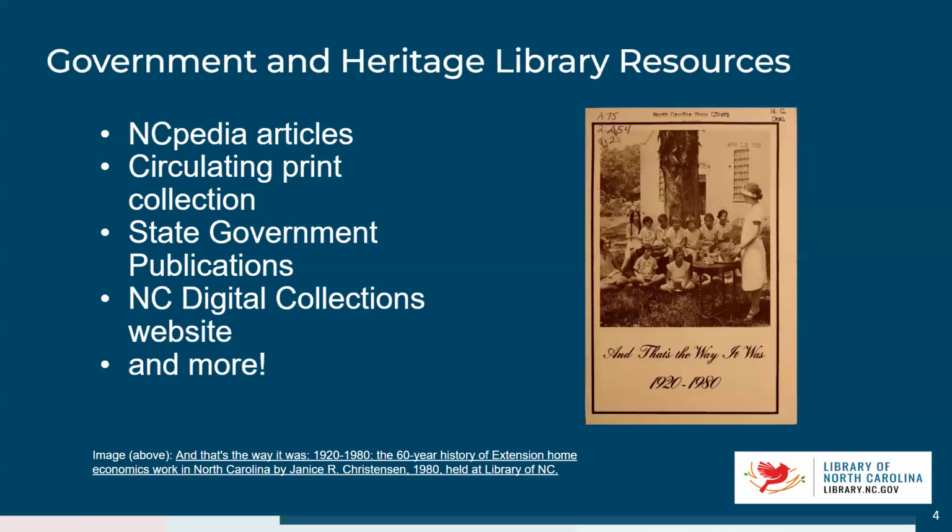I searched our North Carolina Digital Collections website last week to see what resources are available to learn about the history of Cooperative Extension, and I found this lovely publication shown on the right-hand side here, which covers a 60-year history of North Carolina Cooperative Extension home economics work. Any of these resources would be searchable and downloadable on our North Carolina Digital Collections website.